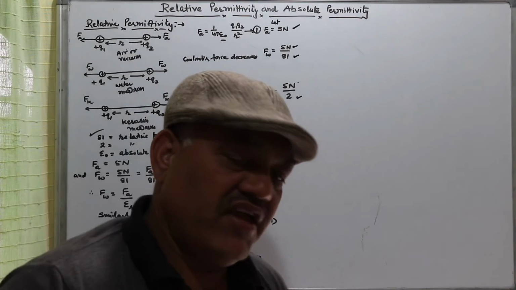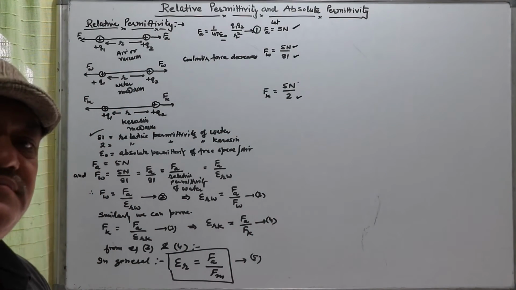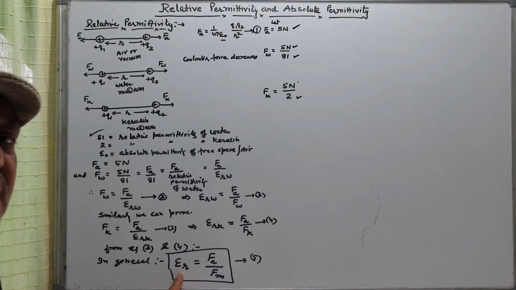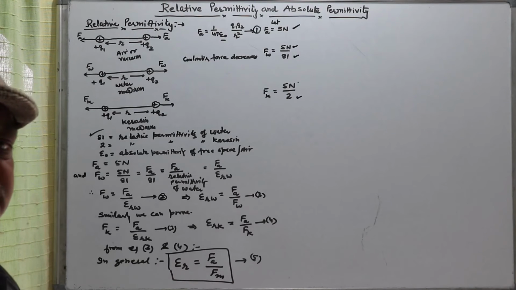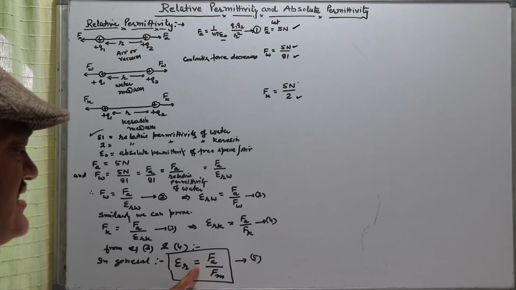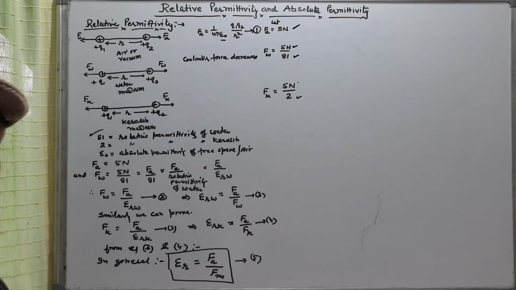Equation number 5. Now this equation number 5 gives us the relative permittivity of a medium, and it is equal to the ratio of Fa upon Fm.